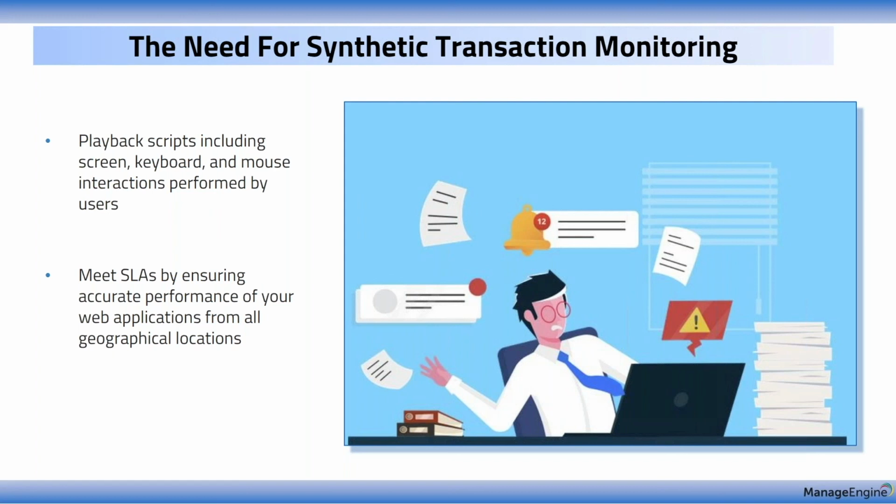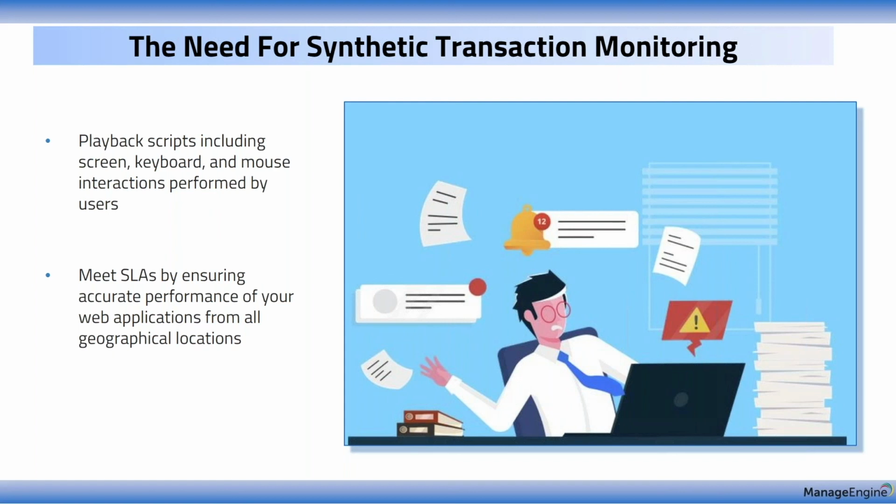You can also make sure that the defined SLAs are met for your web applications, and that because of performance issues of your website, your revenue is not being impacted. That is the most important criterion for implementing synthetic transaction monitoring.